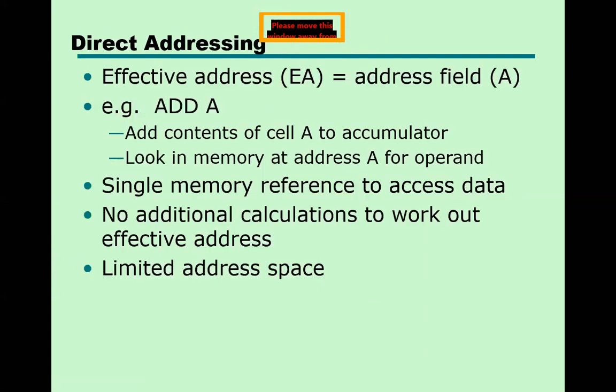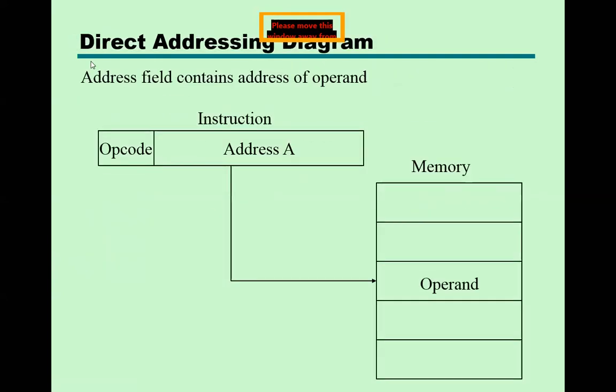How is the address space limited? For example, as we discussed in immediate addressing, suppose 3 bits are available. Using 3 bits, how many combinations can you create? Assume, to keep it simple, only 2 bits are available. How many combinations can you create with 2 bits? 00, 01, 10, 11.